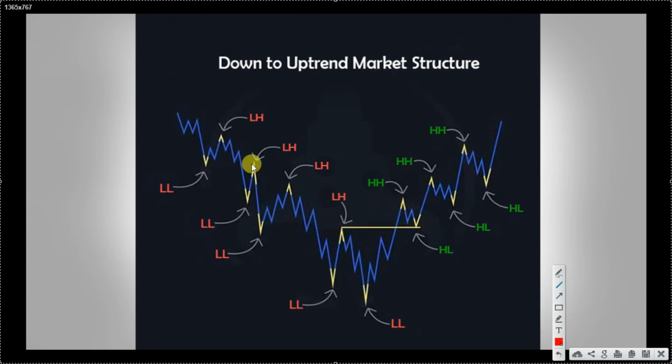Now let's see trend reversal. As we can see, the downtrend was going on with swing lows and highs. If the market breaks this lower high, the trend can change. After breaking this lower high, the market will make higher highs and higher lows.